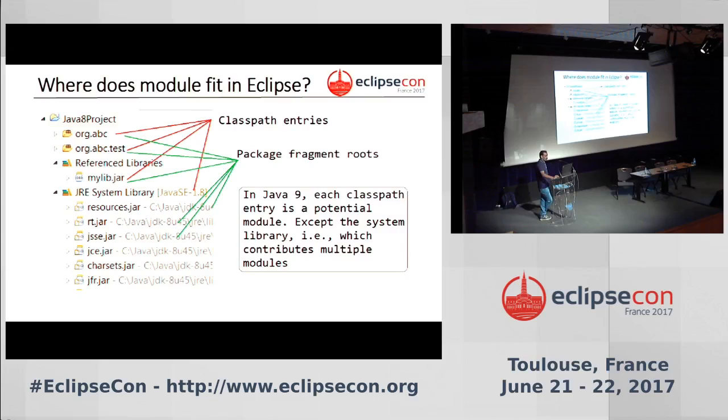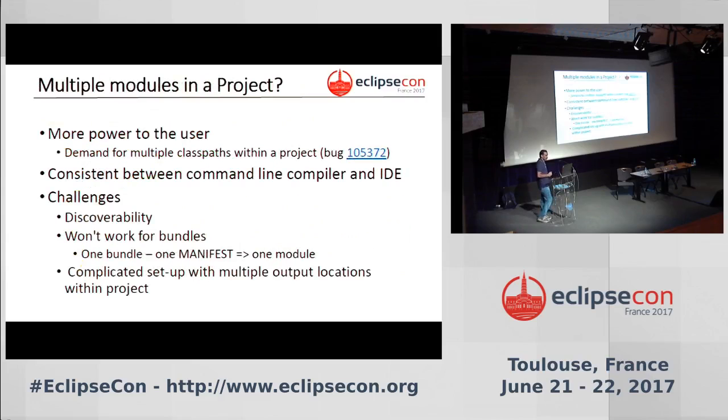That's one of the options we talked about, and the other option is, of course, that each project becomes a module. Those two were the options that were deliberated on. There was a lot of discussion, debate, and there were people taking each side. There were actually pros and cons for both approaches.